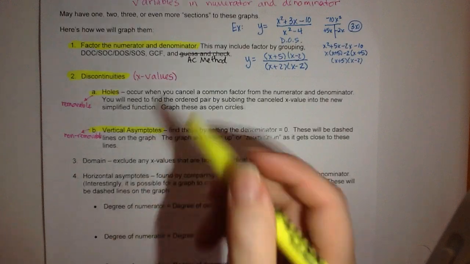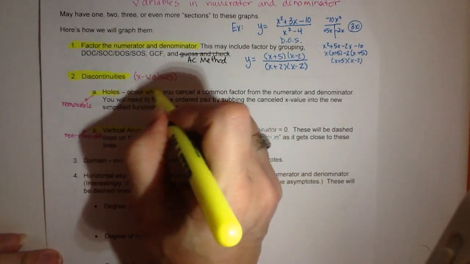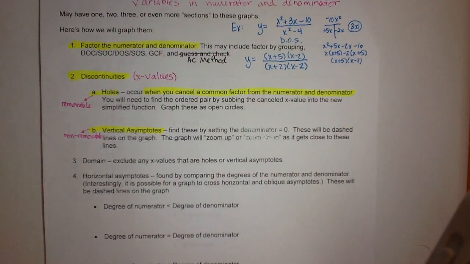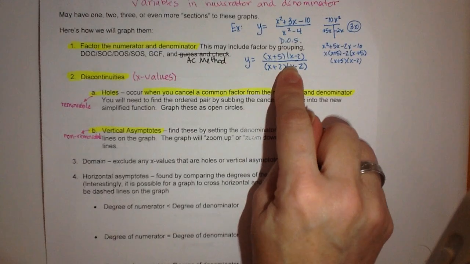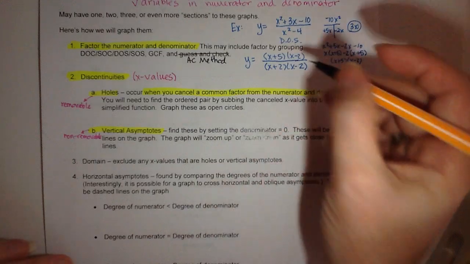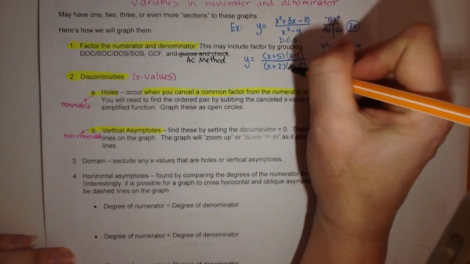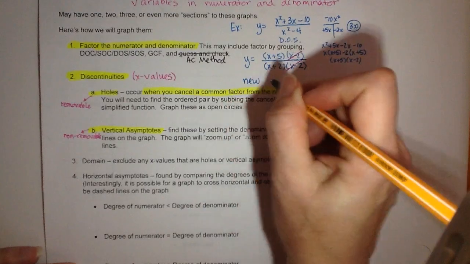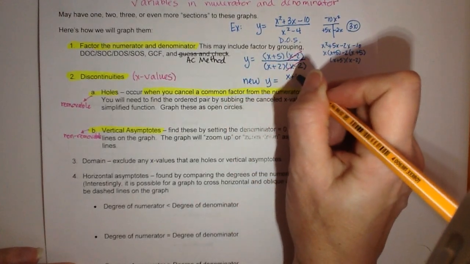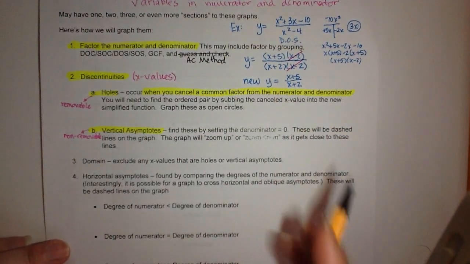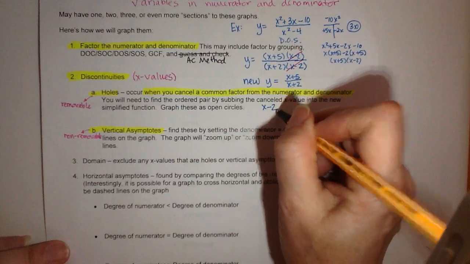Holes are created when you cancel a common factor from the numerator and denominator. So if you go up to our factored function here, you see that we have x minus 2 in common from the numerator and denominator. So we actually cancel those out, which is removing that x value, and we write our new function y equals (x plus 5) over (x plus 2), and you can see that we removed x minus 2.